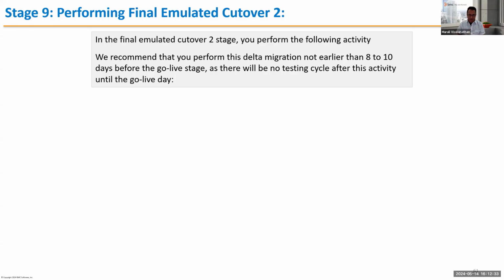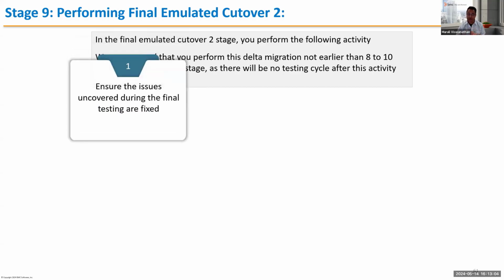Typically it's a Friday evening till Sunday morning or Saturday, so it's 10, 16, whatever hours is needed for the DB restore and whatnot. Your Delta migration should be very crisp, not more than a couple of hours. That's the key. So we strongly don't encourage doing emulator cutover 2 earlier than 8 to 10 days before go live, or maybe 2 weeks. Don't do it before that, because then you'll have the actual situation.